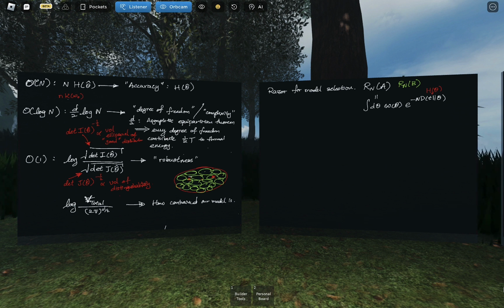I want to emphasize the fact that this criterion depends on M, right? So first thing first, this is a tall ask. This is really hard to calculate.